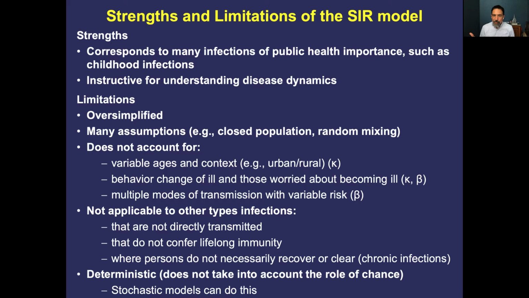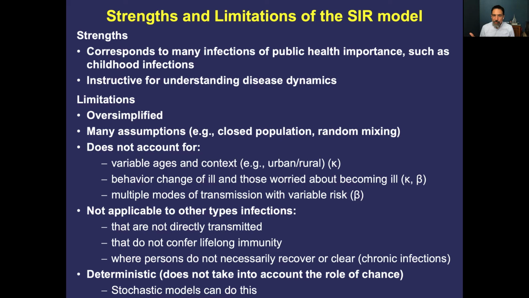And it doesn't account for a lot of variable real-world situations, such as variable ages and urban and rural contexts, where things may be different. So the kappa could be different from one setting to the next.